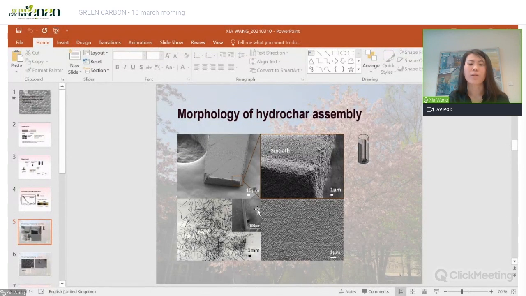It turned out all these pieces are like prismatic rods with very tidy edges and also a smooth surface, which is parallel with the glass surface. And the two sides seem to be rough, but they are still very well organized and consist of the particles of around 140 nanometers.